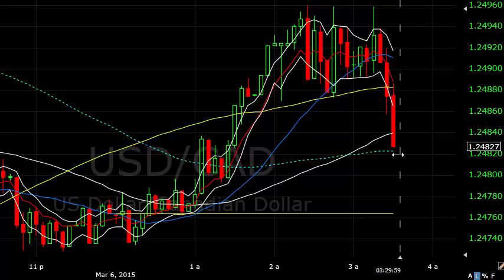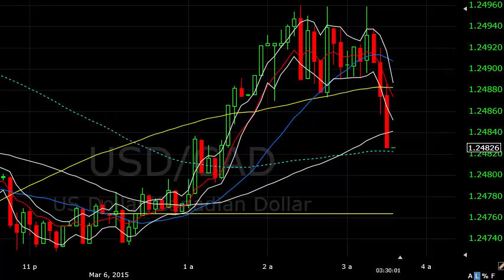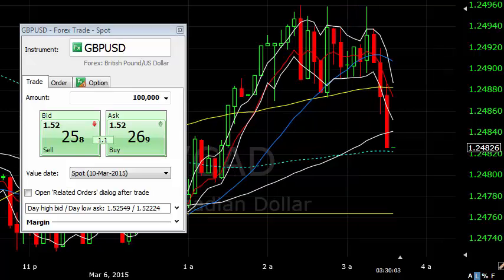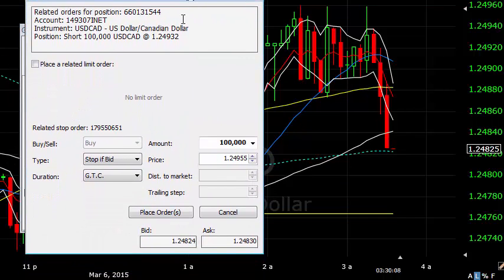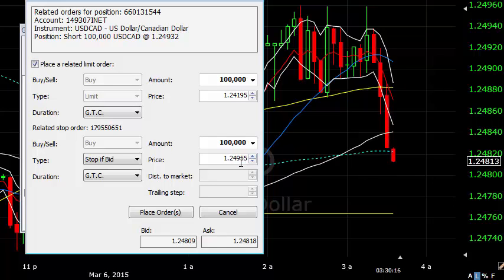Now what I do need to do at the moment is adjust these positions. The pound I'll have to come back to in a minute, but for this dollar CAD, let's move these stops down to 95 now.